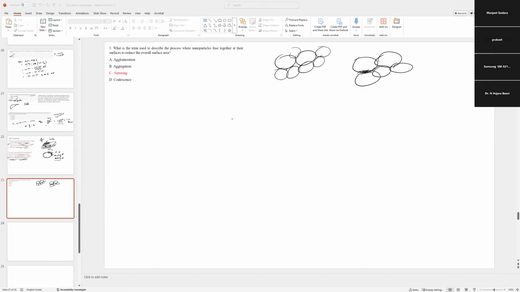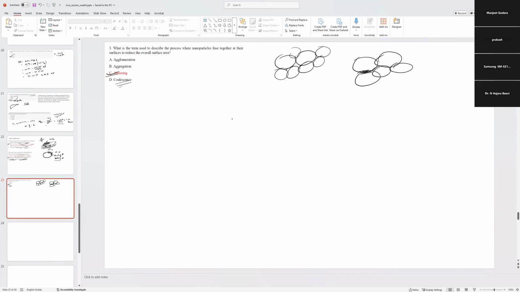Again, this is forming clusters. Coalescence is again a similar thing, where you have particles coalescing together to form a larger cluster.